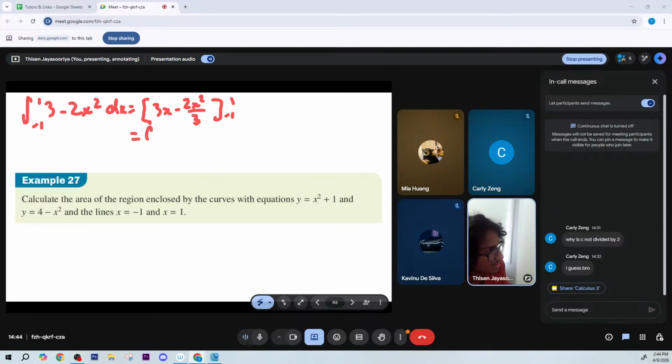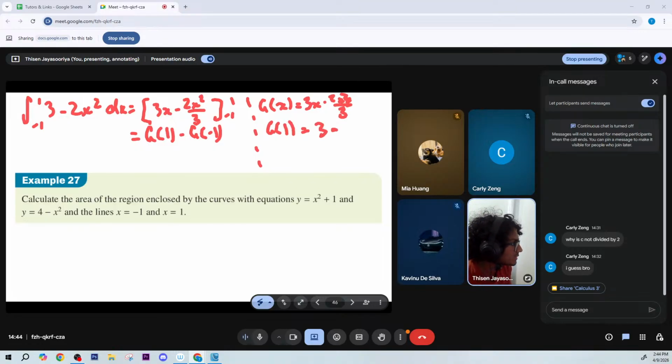Here we get g of 1 take g of negative 1. If I do a little aside, g of x equals 3x take away 2x cubed over 3. g of 1 is 3 take away 2 over 3, which is 7 over 3.